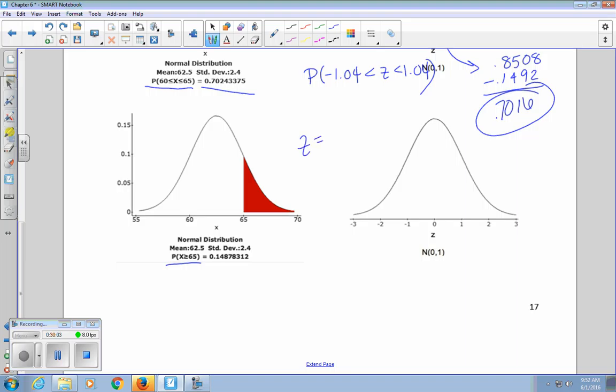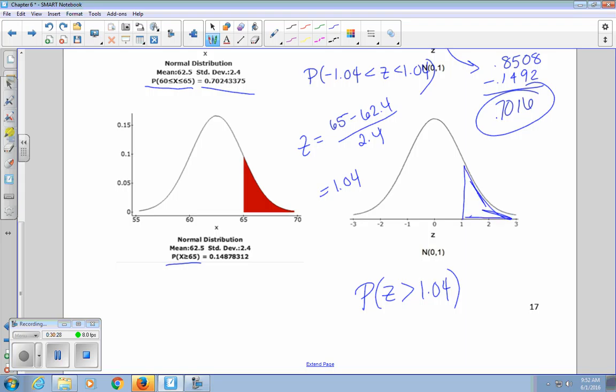So Z is going to be equal to 65 minus 62.4 over the 2.4, which equals 1.04 as we found. So the probability that Z, what we're interested in, is greater than 1.04. What does that look like on our graph? It's going to be this area here. So we always want to draw a picture and shade in what we're looking for.